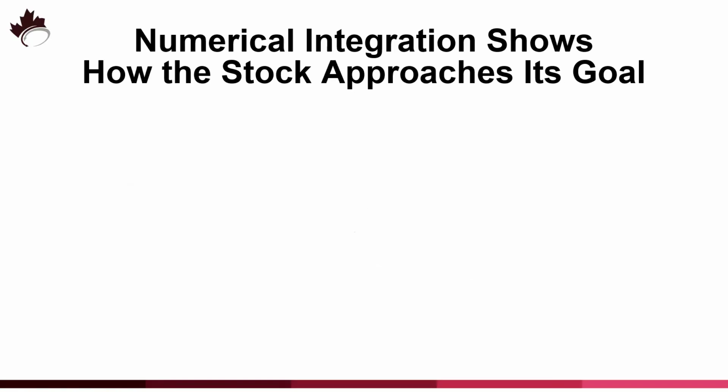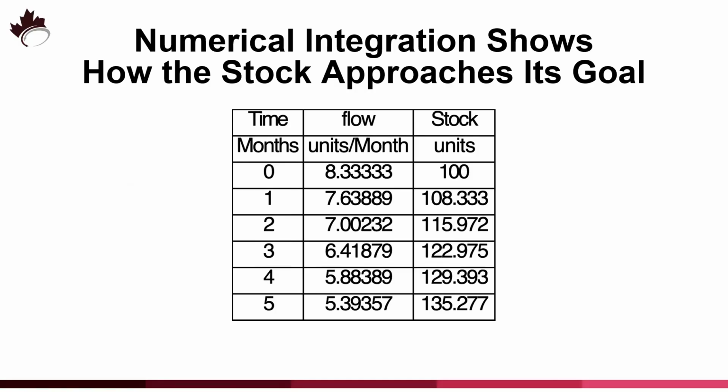So how does numerical integration work? It works by walking through time, one step at a time, calculating and updating the values at each time step. Here's a table of results from the model with a time step of 1 month. At time 0, we have 100 units in the stock, the initial stock level.